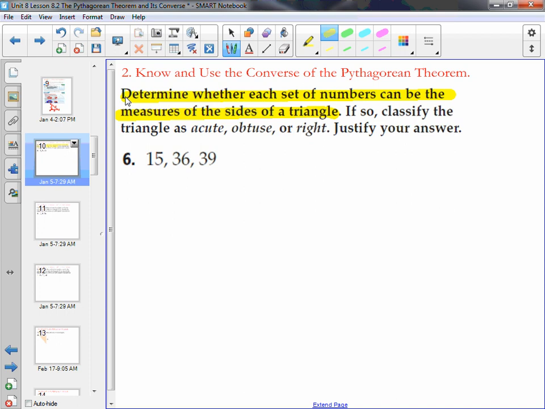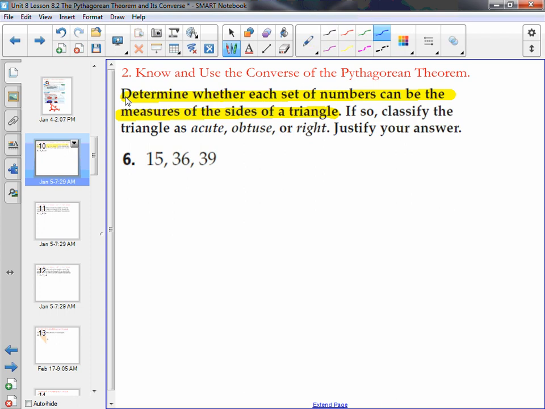That's right. To make sure it's a triangle, the sum of the two shortest sides has to be greater than the third side. We did those. Remember? Everybody nod their head yes. We did those. Okay? So is 15 plus 36 greater than 39? Yes, so we can make a triangle out of these.